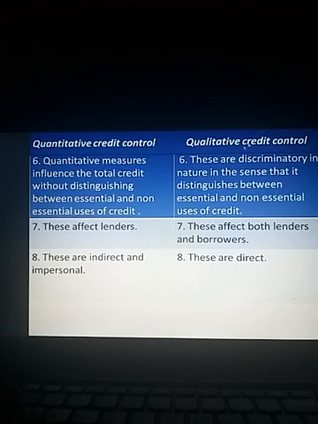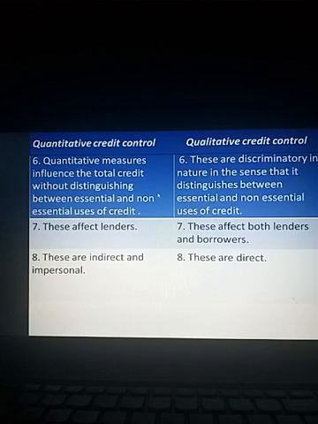Whereas on the other side, qualitative or selective measures are discriminatory in nature. Go back to qualitative. We discussed DRI, differential rates of interest. There I have told you how the rates of interest will be discriminatory in nature, in the sense that it distinguishes between essential and non-essential uses of credit.